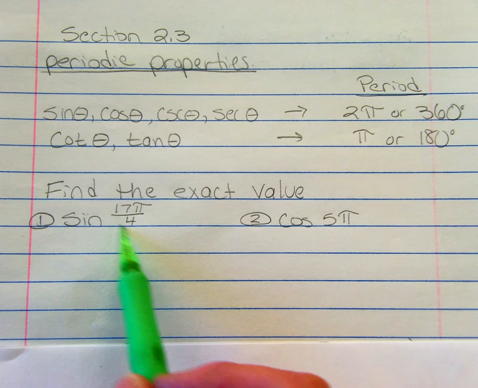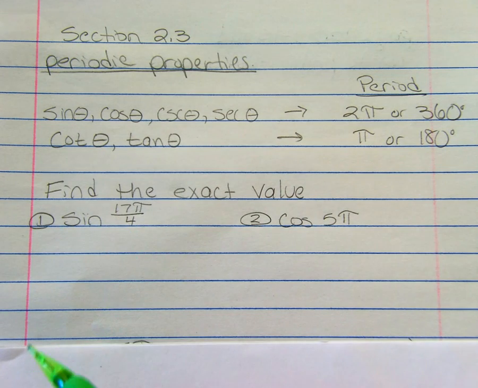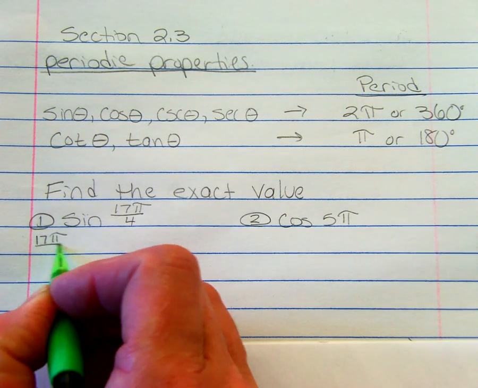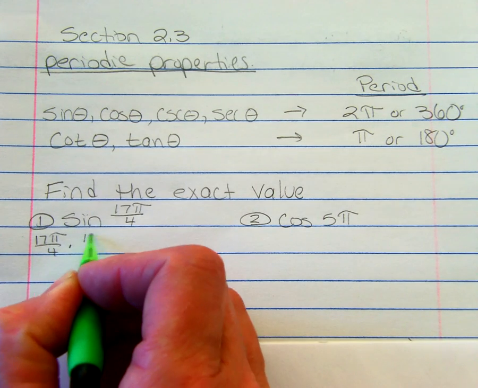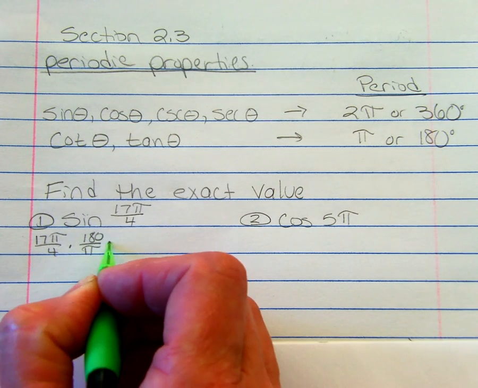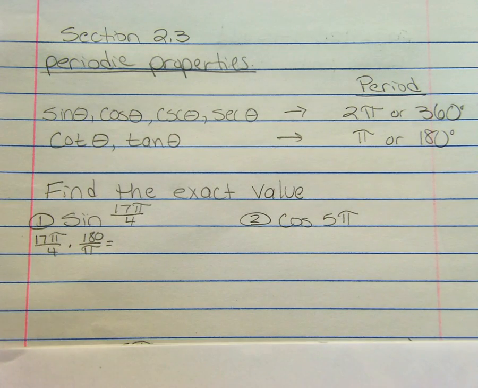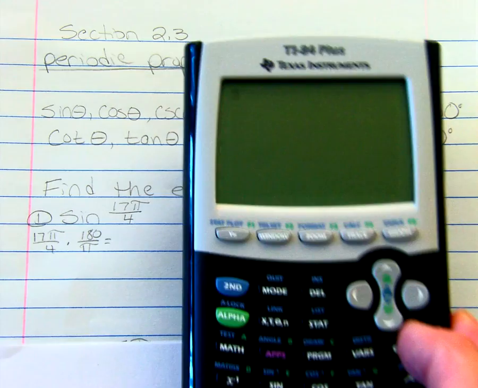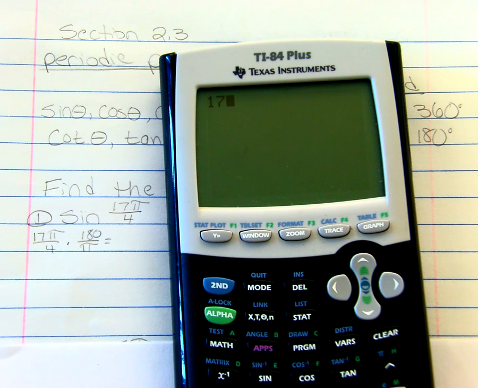Since this one's in radians, it's a lot easier if you put it into degrees first. So we'll take 17 pi over 4 times 180 over pi and put that in the calculator. So go ahead and do that. 17 times 180 divided by 4 gives you 765 degrees.